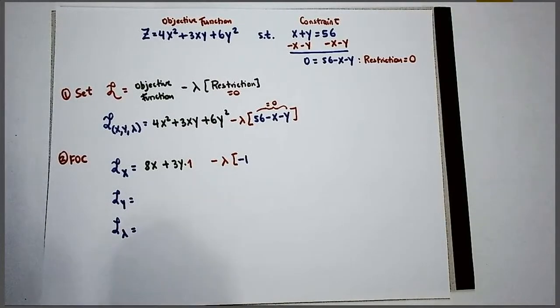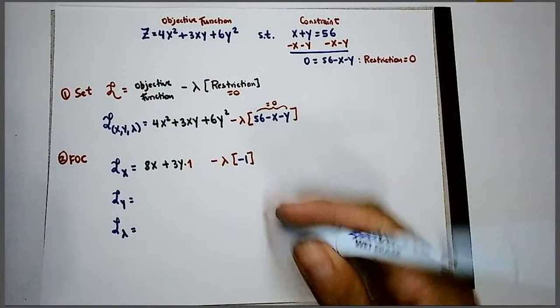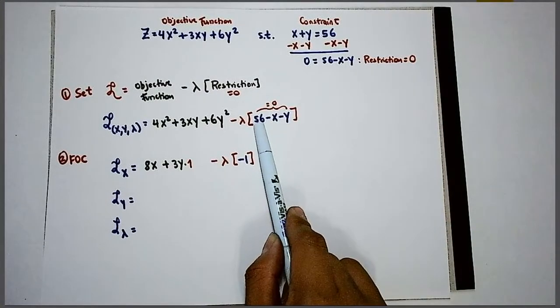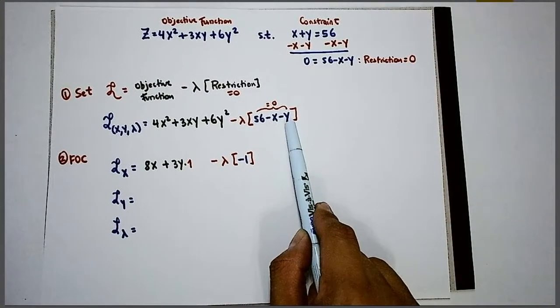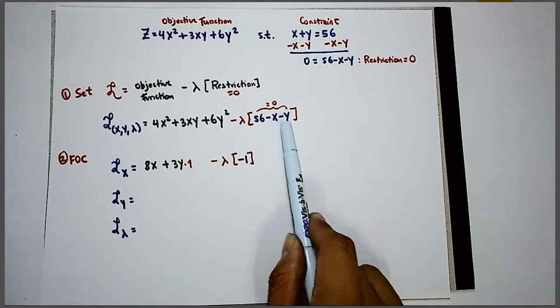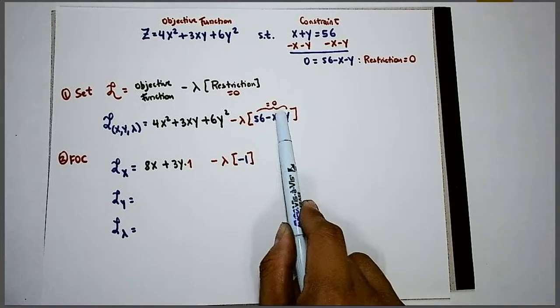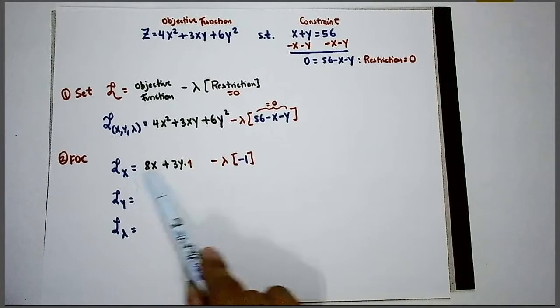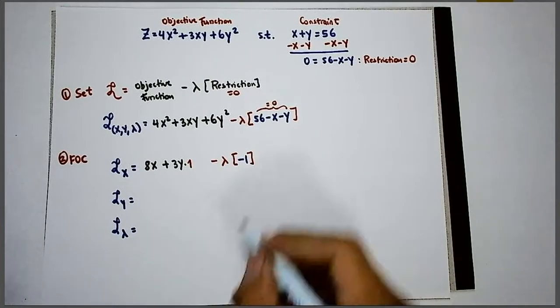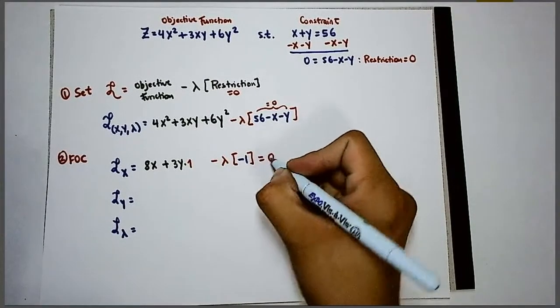And this is because 56 is a constant and y does not contain x. So the only variable part here is minus x, and the derivative of that is minus 1. And we set this equal to 0.